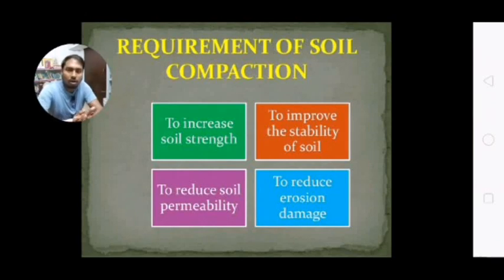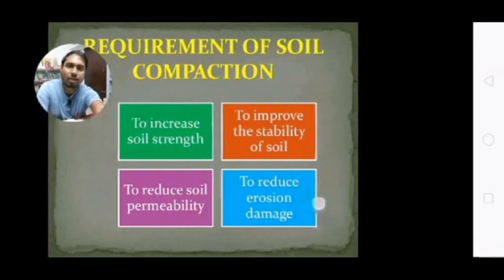As we know, when we compact any soil, the density of that soil increases, and thereby the shear strength of soil also increases. When the density of any soil increases, it reduces the permeability of soil, it improves the stability of soil, and it will also have an immense effect on erosion damage. Erosion damage can also be controlled by compaction of soil.